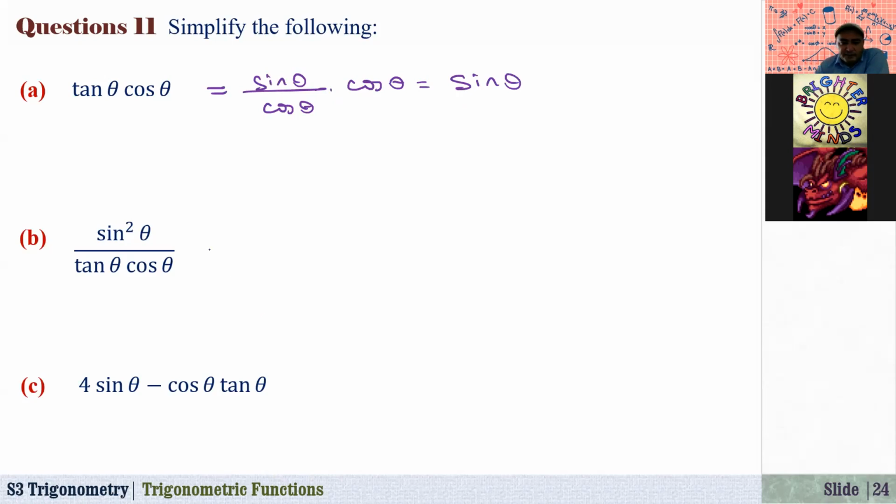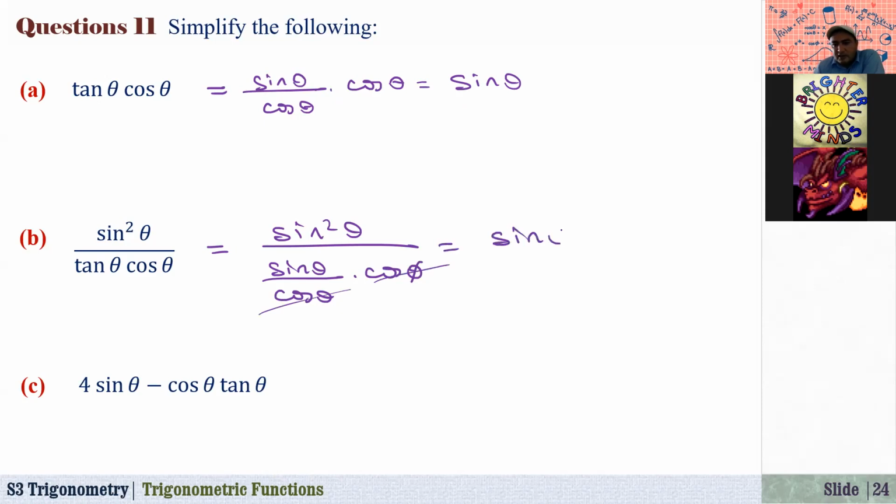And also for b, here we have sine squared theta over tangent. Tangent is sine of theta over cosine of theta, times cosine of theta, and these cosines are gone. Sine squared over sine is again sine of theta.